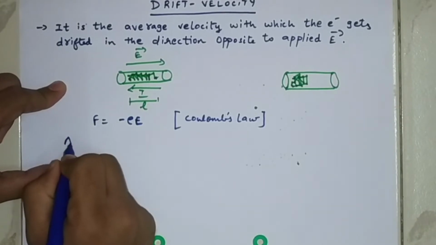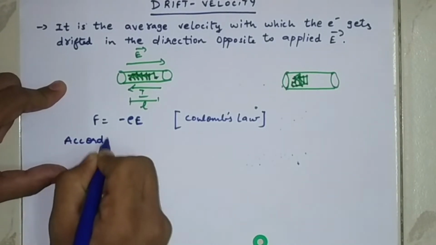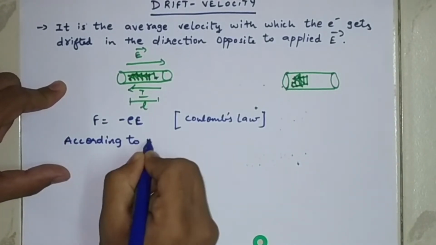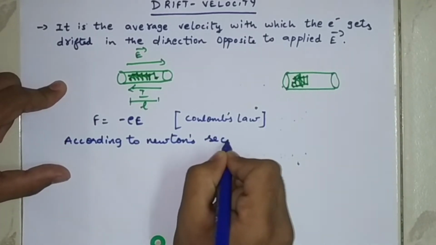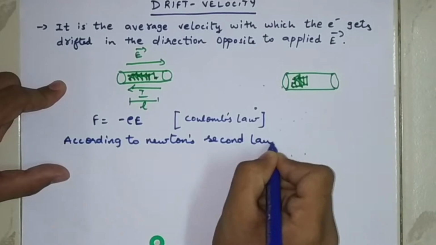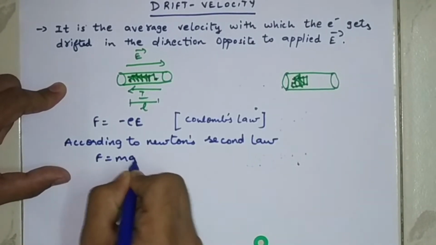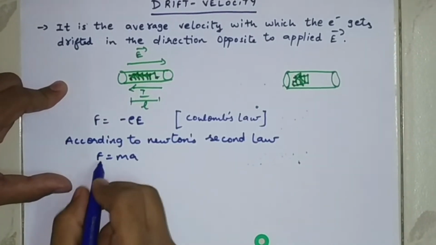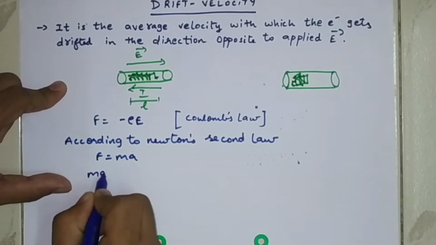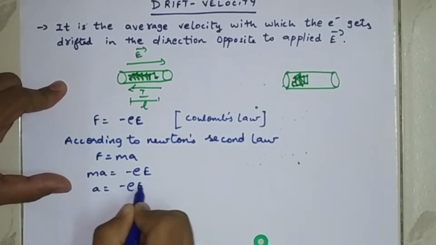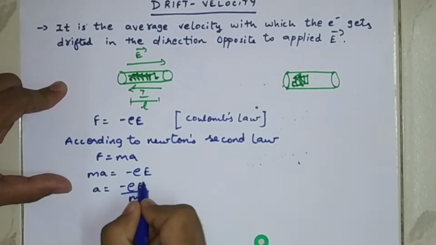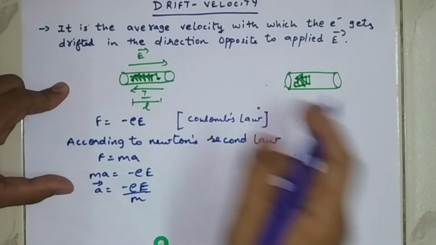According to Newton's second law, F equals ma. On equating these two, we get ma equals minus eE, so a equals minus eE by m. This is the acceleration of the electron when an electric field is applied to it.